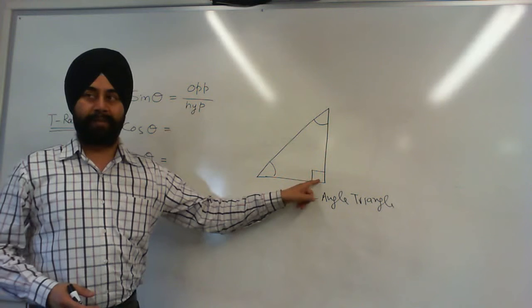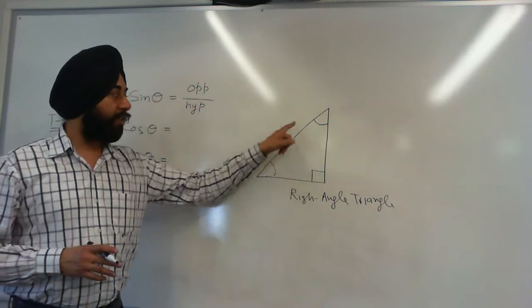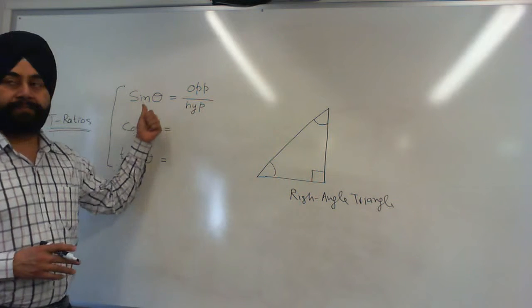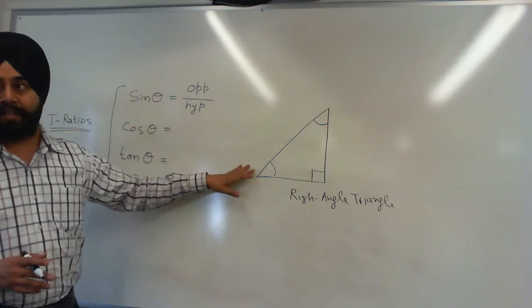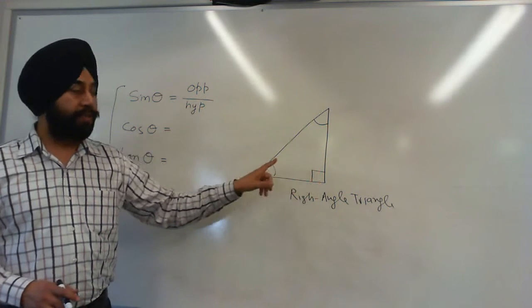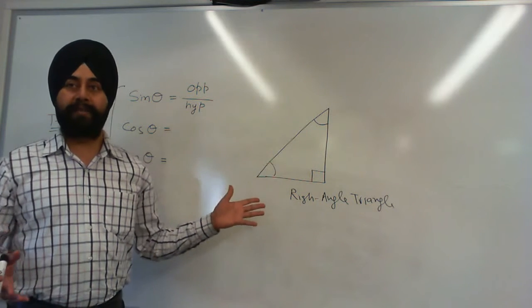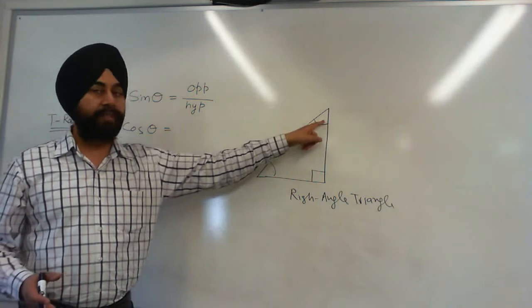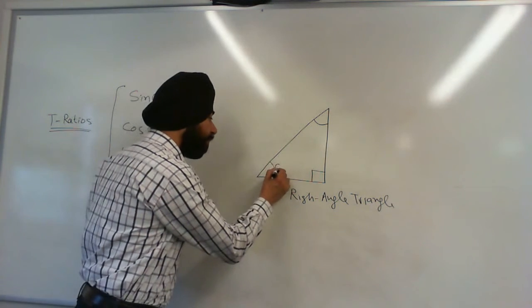No. We never write any t ratios for a 90 degree when we write them in this way. T ratios for a right angle triangle are never written for the right angle. They are always written for one of these two. It can be any of them. Let us say that this is our angle theta.